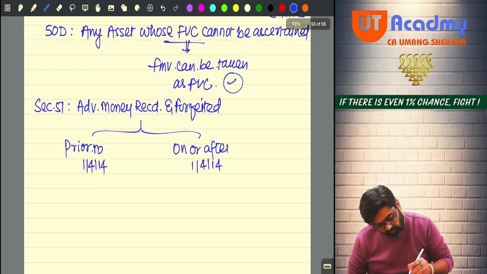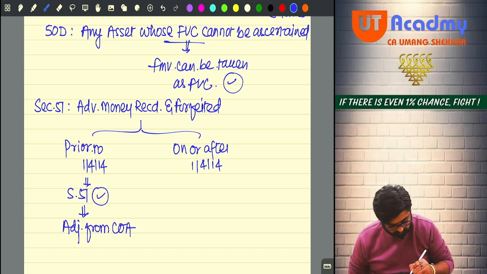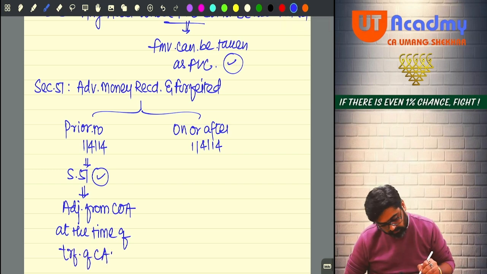So if it is prior to 1/4/2014, it is covered by section 51, adjust from cost of acquisition at the time of transfer of capital asset.